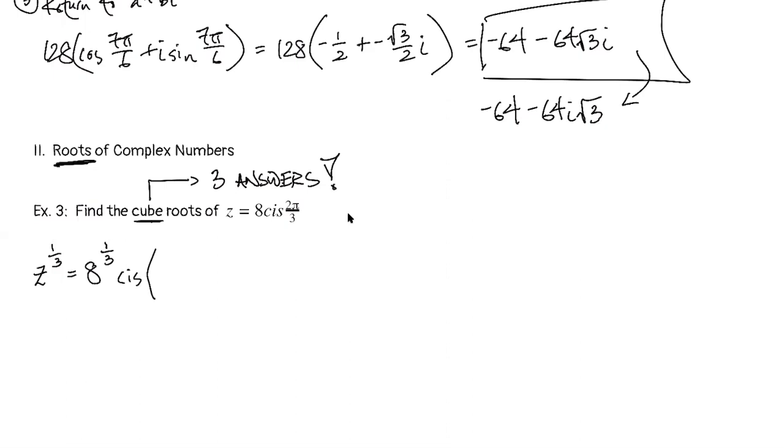Like for the 2 pi over 3, wouldn't we basically have to cube the angle? So raise it to the 1/3 as well? No, actually. Whatever we do to the angle is not the same as what we do to the distance. Okay, so that's got to be a clear distinction. What we do to the distance is different than what we do to the angle.